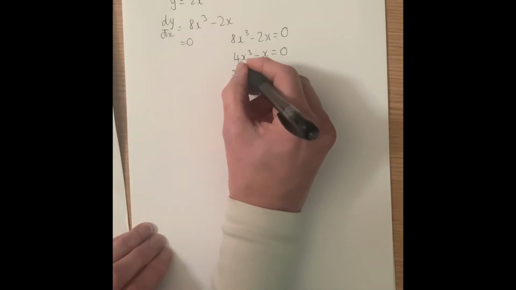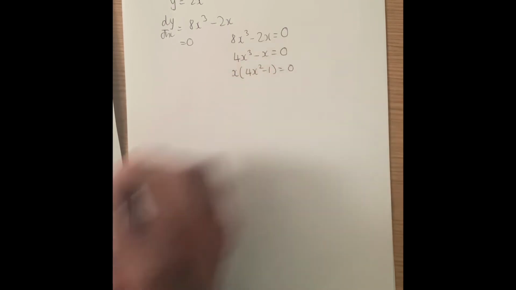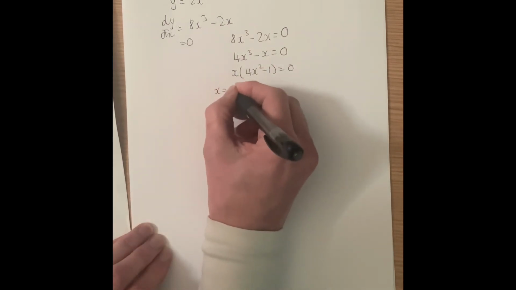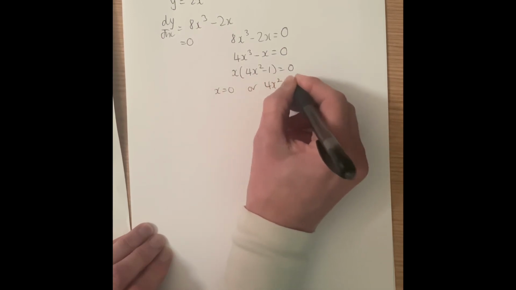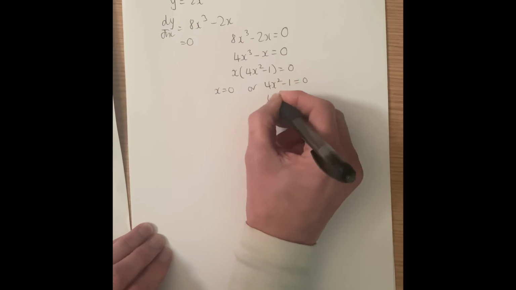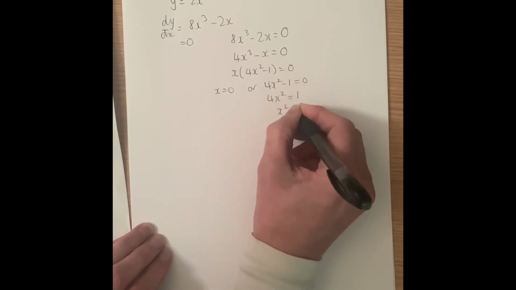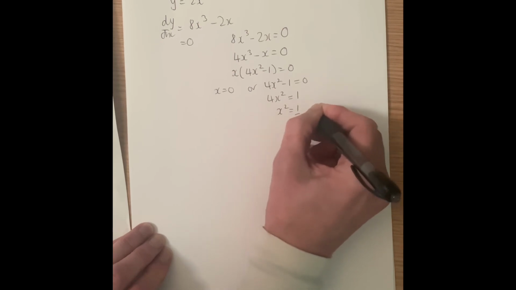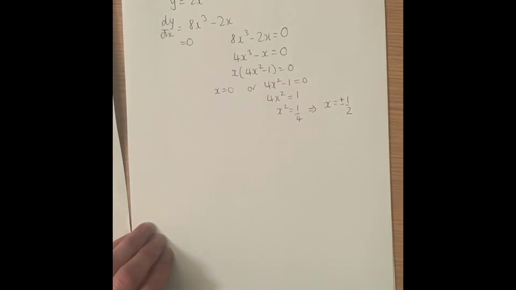You can take out a factor of x. So x is equal to 0, or 4x squared minus 1 equals 0, which means 4x squared is 1, x squared is a quarter, which implies x is plus or minus the square root of a quarter, which is a half.